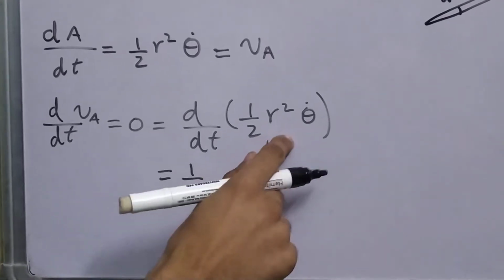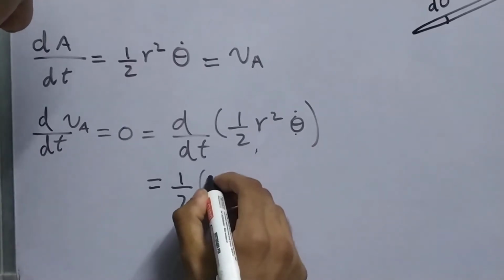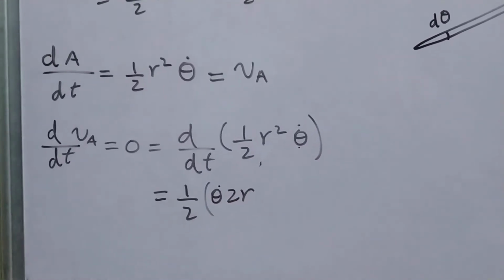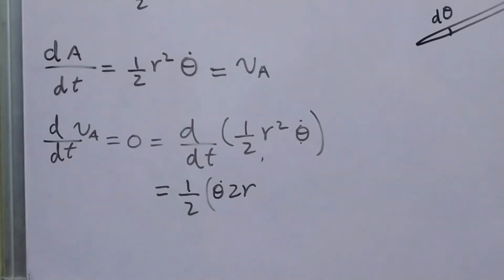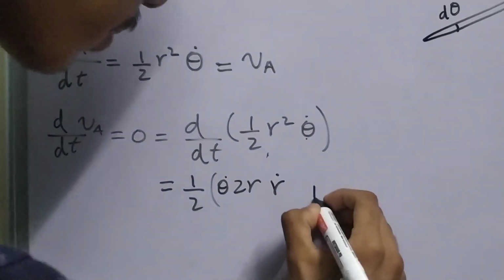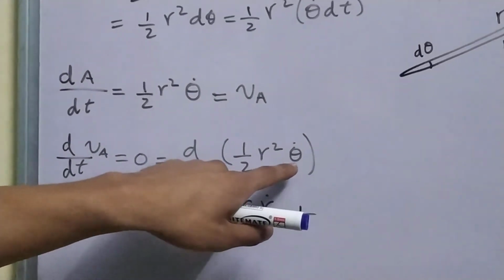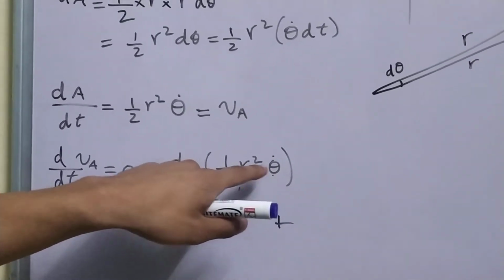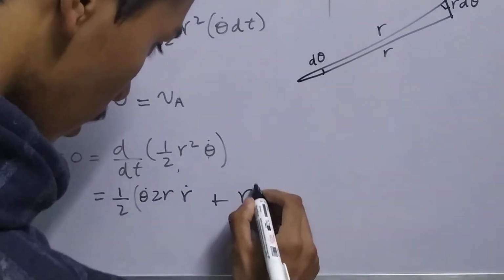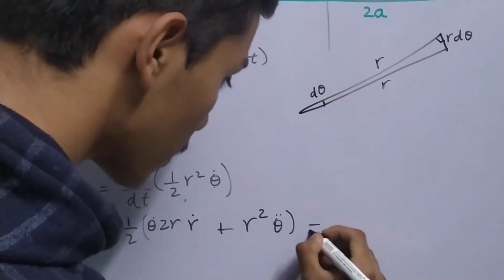First you differentiate r square with respect to r, keeping theta dot constant, so you get 2r, and then r with respect to time, so you get r dot, plus you keep r square as constant and differentiate theta dot, so you get r square theta double dot. And this has to be equal to 0.